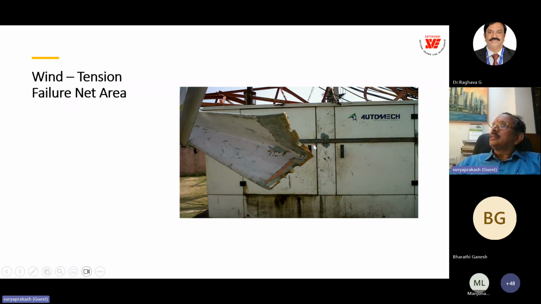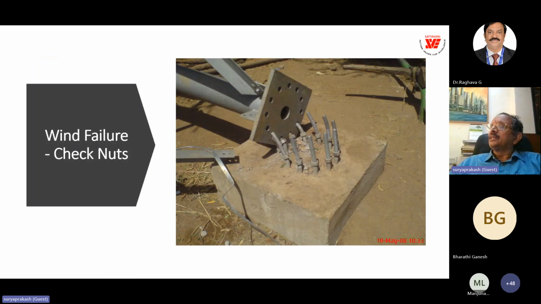But in this case, the fabricator has put 4 bolts in the same cross section, and because of the inadequate net area from the design, the angle has failed in tension. So this is a very interesting case of tension failure.